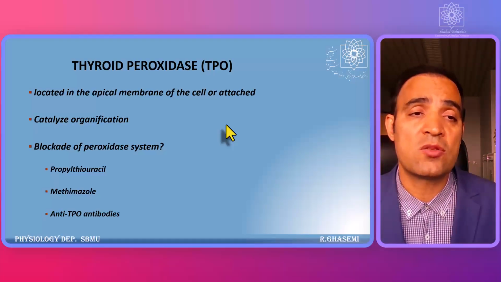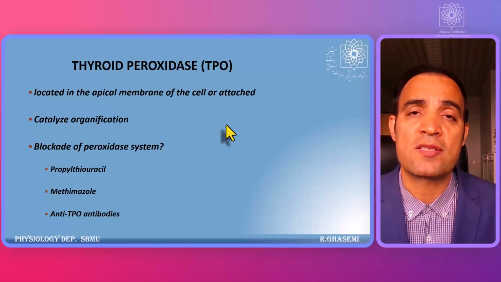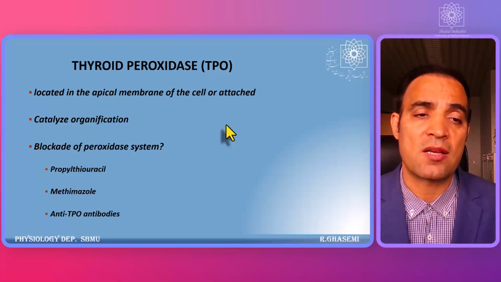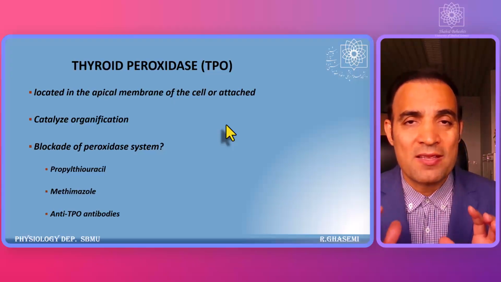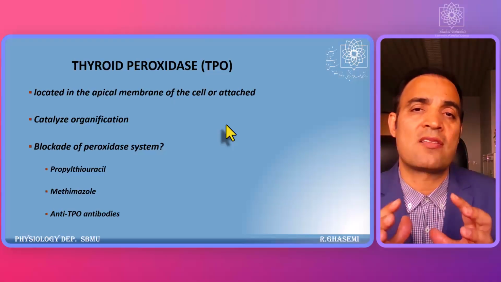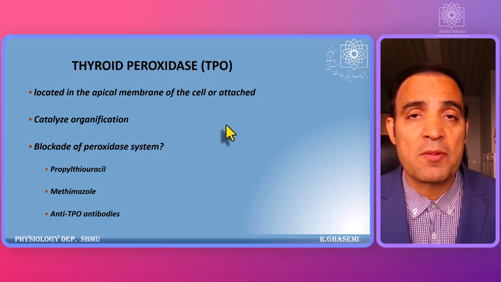For the peroxidase, we also have some drugs such as propylthiouracil that inhibit this enzyme, methimazole, and anti-TPO antibodies. These are used as drugs for patients that have different stages of hyperthyroidism.